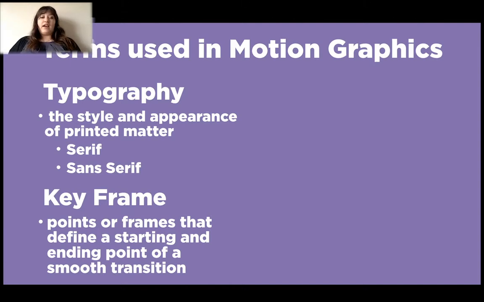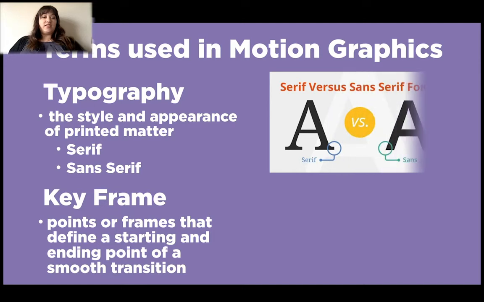And that font, for this particularly, is sans serif. And we know that because we can see that it is a very straight edge with no curves on the end. Serif fonts have that little curve on the end, as you can see there. And that's what differs the two. So even if it's a very cursive-y font, that's going to be serif versus sans serif.